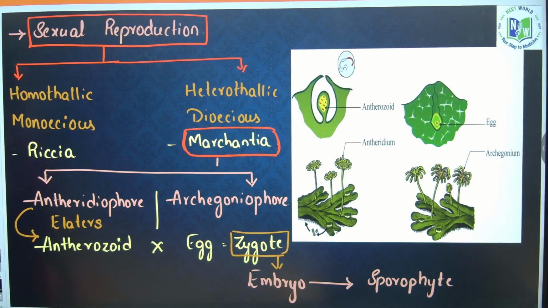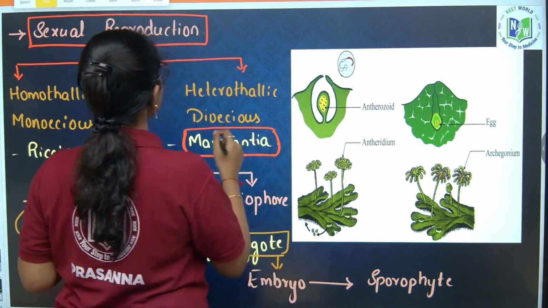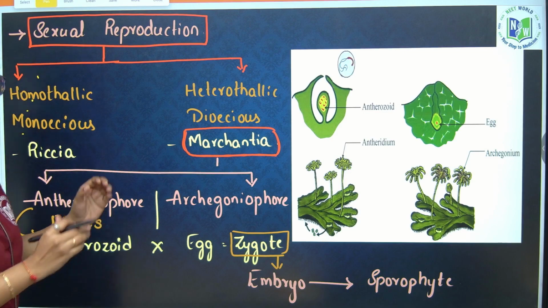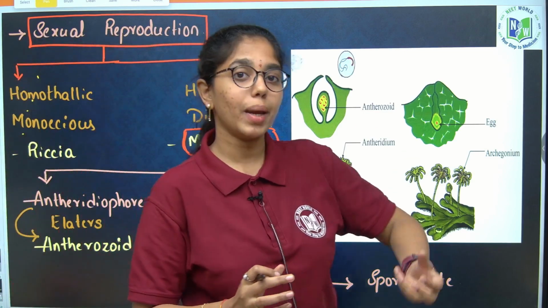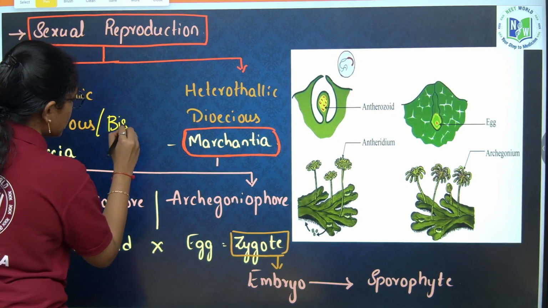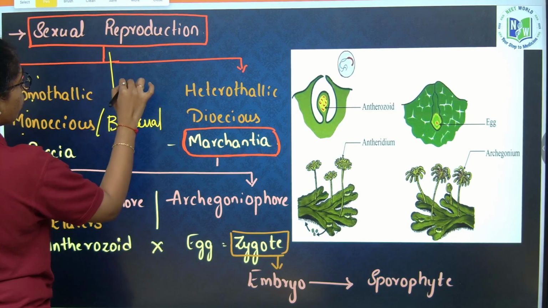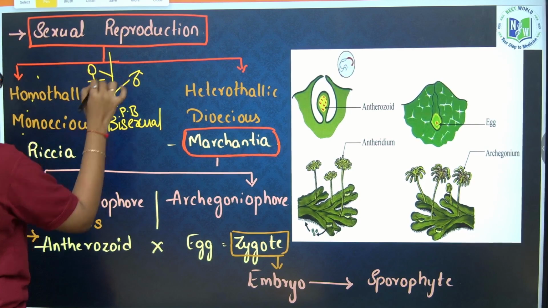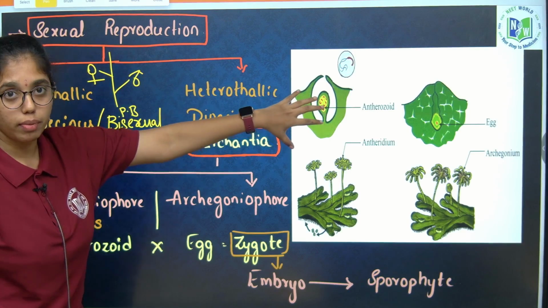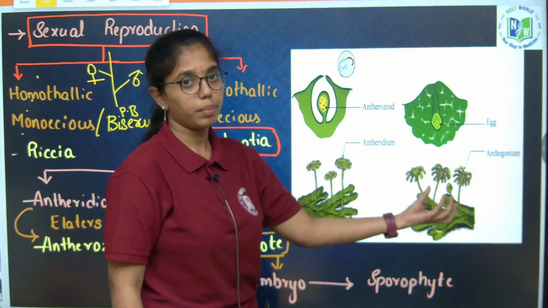Next, sexual reproduction. Before entering into this concept, you should be very clear on the notion of unisexual and bisexual plants. Homothallic or monoecious means that a single plant body bears both male and female sex organs. So monoecious is also said to be bisexual. Dioecious: in Marchantia, one plant body bears the male sex organ and the other plant body bears the female sex organ.